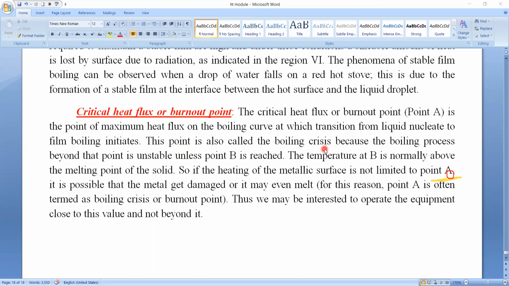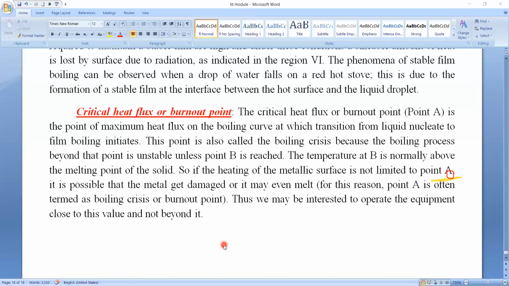This point is also called the boiling crisis, because the boiling process beyond that point is unstable until it reaches point B. The temperature at point B is normally above the melting point of the solid. So if the heating of the metallic surface is not limited to point A, the metal may get damaged or even melt. For this reason, point A is often termed the boiling crisis or burnout point. Thus, we may be interested in operating the equipment close to this value and not beyond it.